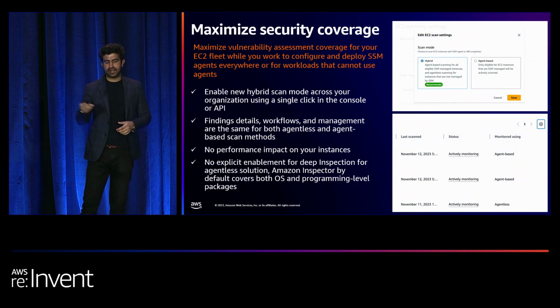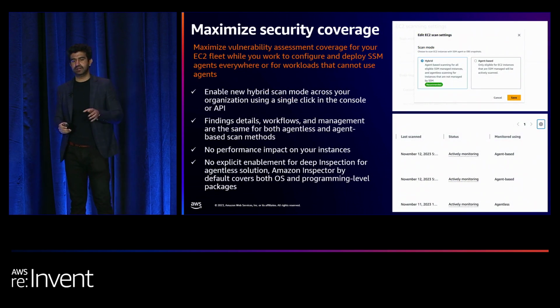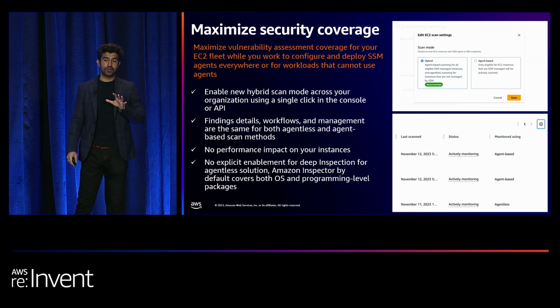So this is how, and I'll show it in the demo also, from the delegated admin accounts, it's literally one click: you click on hybrid mode, and that's it. And the best part is we do give you visibility at the instance level. Let's say you configured hybrid mode, we will tell you which instance is being scanned using SSM-based solution versus agentless solution.